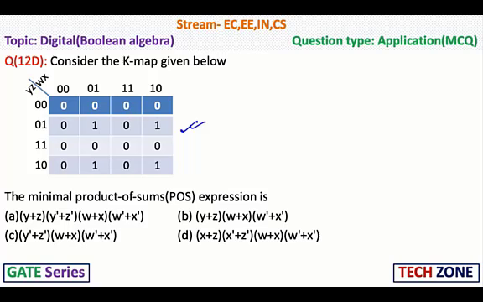Option D, (x plus z) into (x bar plus z bar) into (w plus x) into (w bar plus x bar).